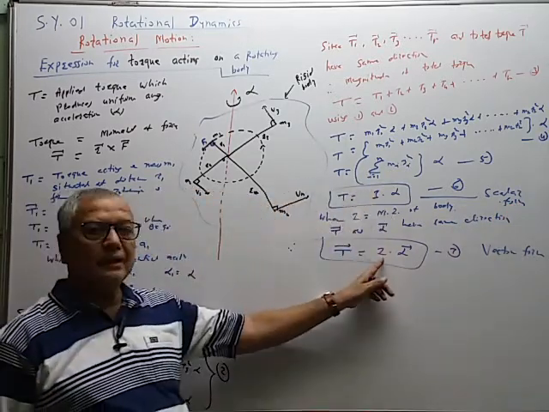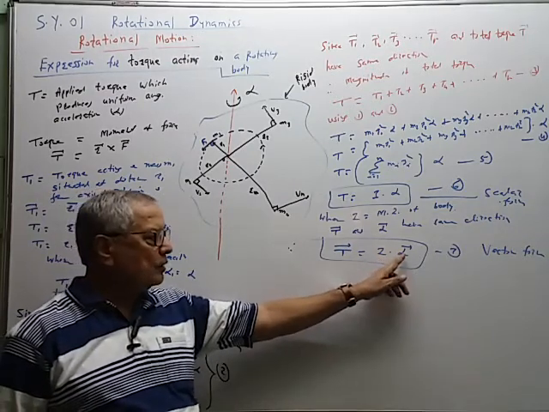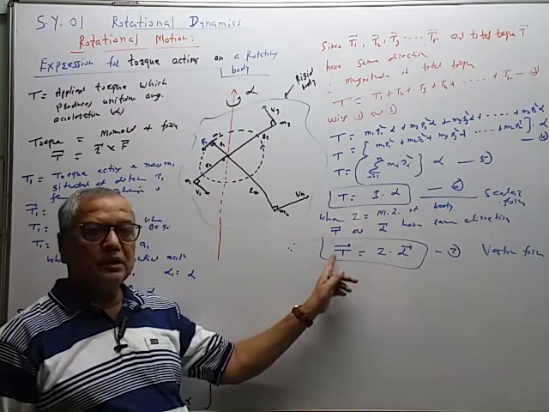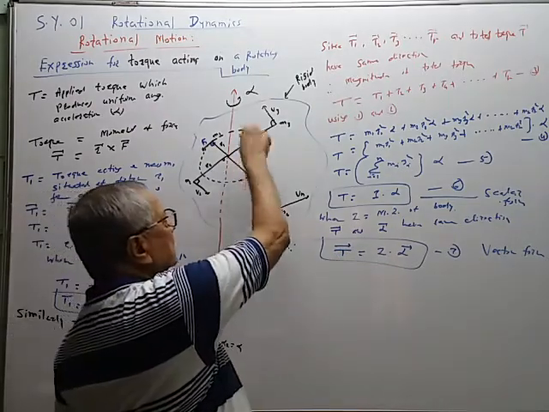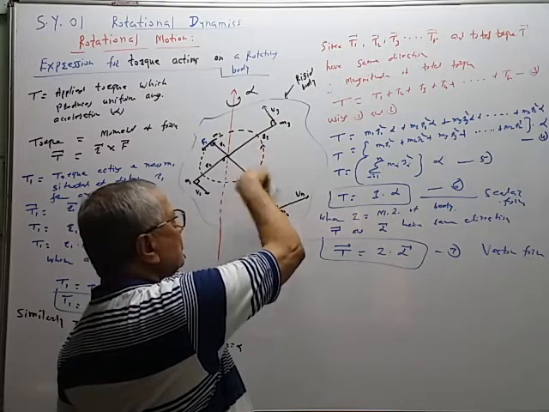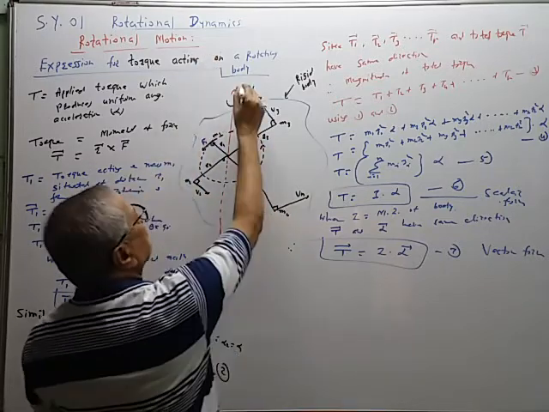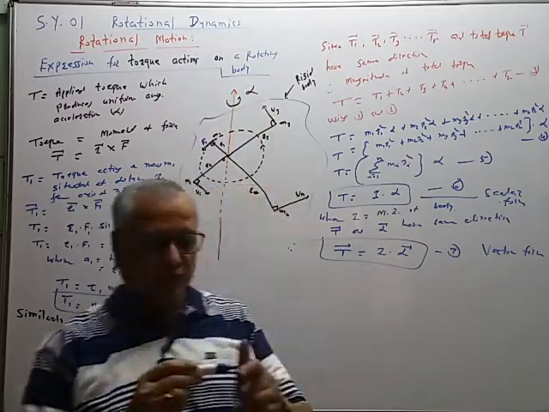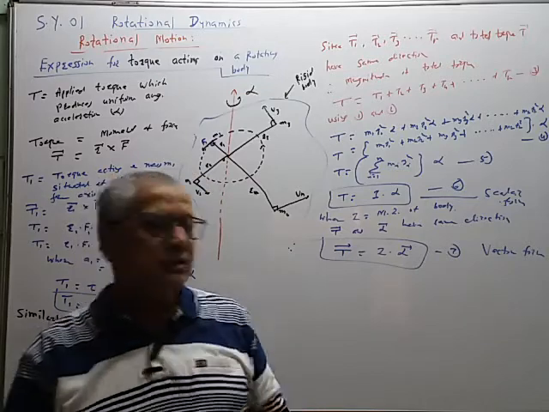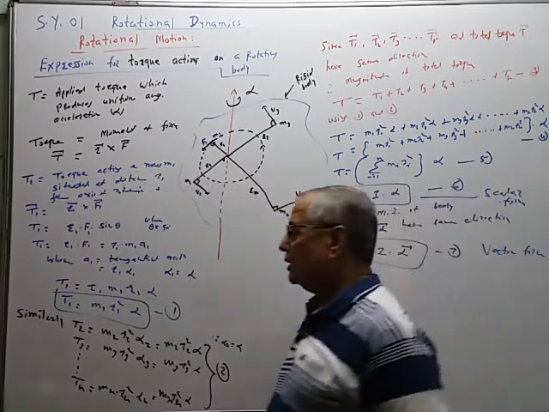Moment of inertia is a scalar quantity. It is simply a multiplier number, and therefore the direction of alpha and the direction of T are the same by the right hand rule. If the particle is performing circular or rotational motion in the anti-clockwise direction, then torque and alpha are both in the same direction, vertically upward. Therefore in vector form we can give the relation like this. So this is the relation between the torque and alpha.